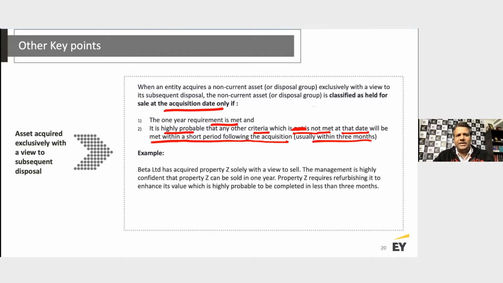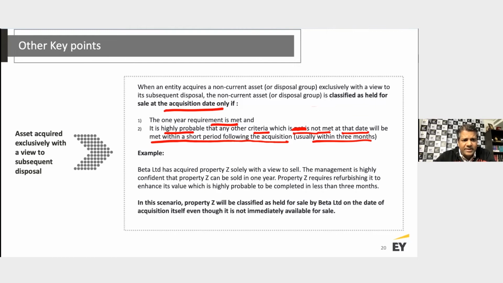Beta Limited has acquired property Z solely with a view to sell. The management is highly confident that property Z can be sold in 1 year. Now, property Z requires refurbishing to enhance its value, which is highly probable to be completed in less than 3 months. Now, in this case, you can possibly classify this as held for sale.